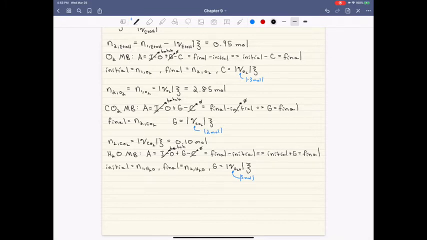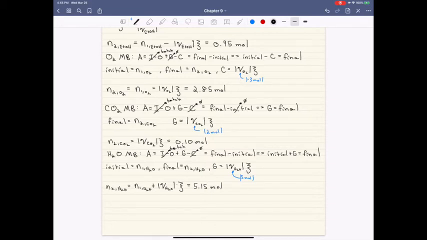So if we put together this material balance, N2H2O is equal to N1H2O plus our extended reaction times the stoichiometric coefficient. Our only unknown is N2H2O. If we plug in for everything, we get 5.15 moles of water is N2H2O.